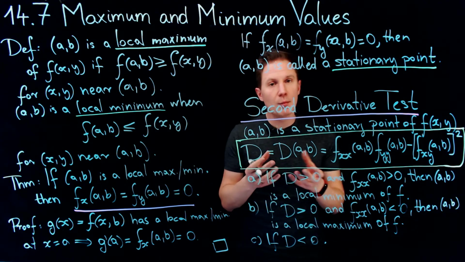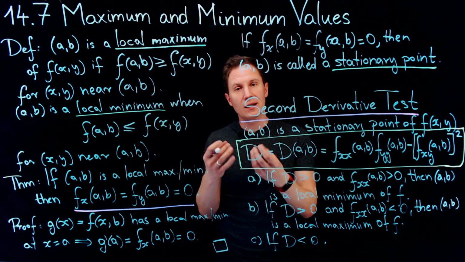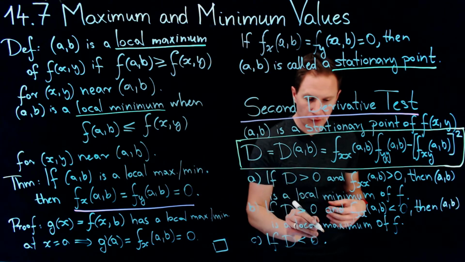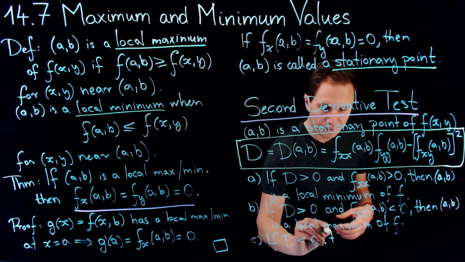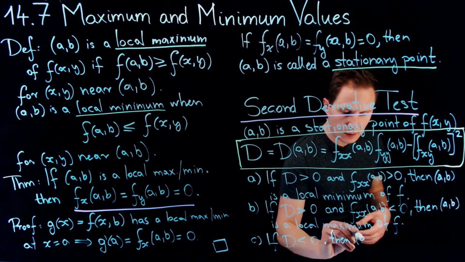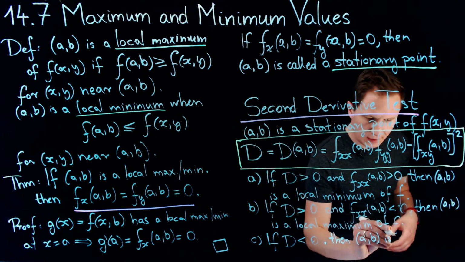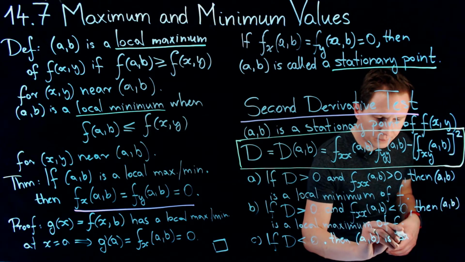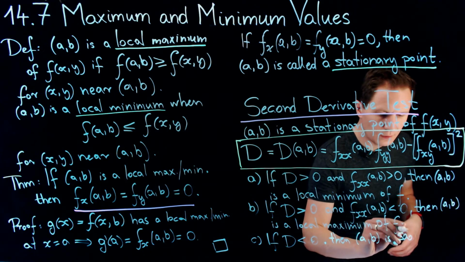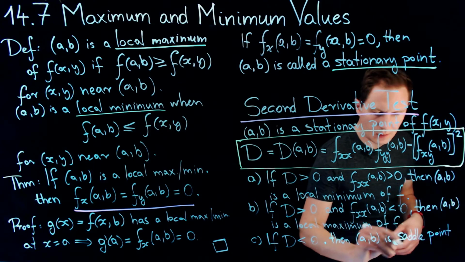In the neighborhood of that point, we have points where the function takes greater and also smaller values. So if this happens, then AB is what's called a saddle point of f.